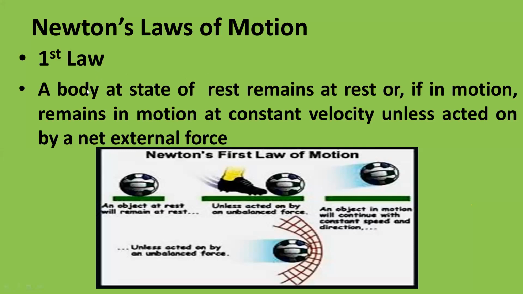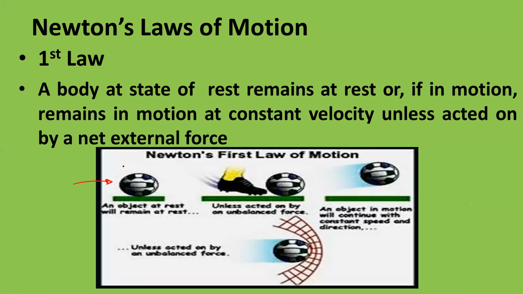So the first law is: a body at rest remains at rest, or if it is in motion, it will remain in motion at a constant velocity, unless and until it is acted upon by some external force. So this is Newton's first law. In the picture you can see, initially the football is at rest.